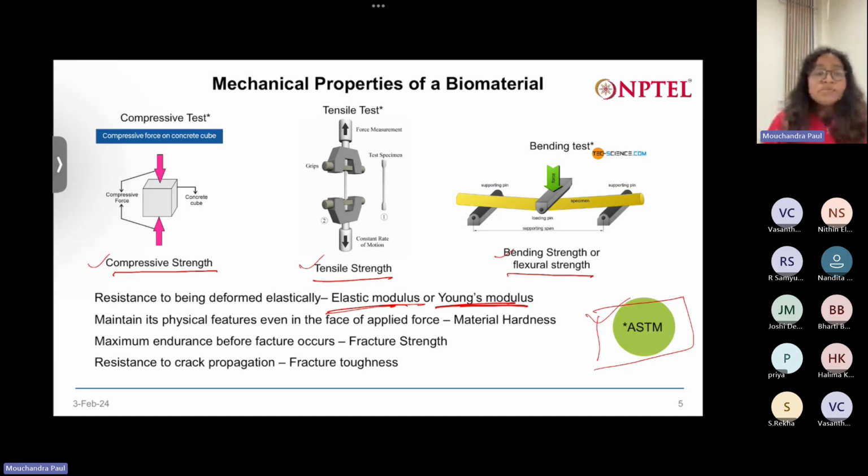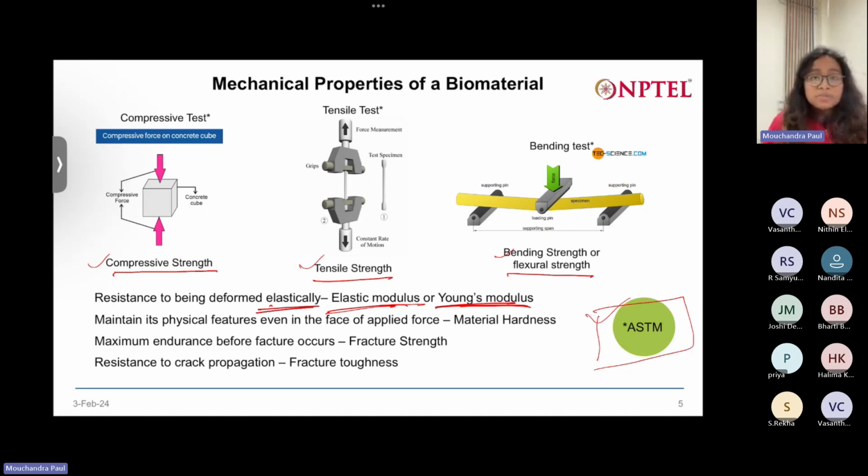And how we define elastic modulus: this value comes from the fact that when we are applying some kind of stress to deform a material, then how much that particular material is trying to resist it. And the resistance should happen elastically.